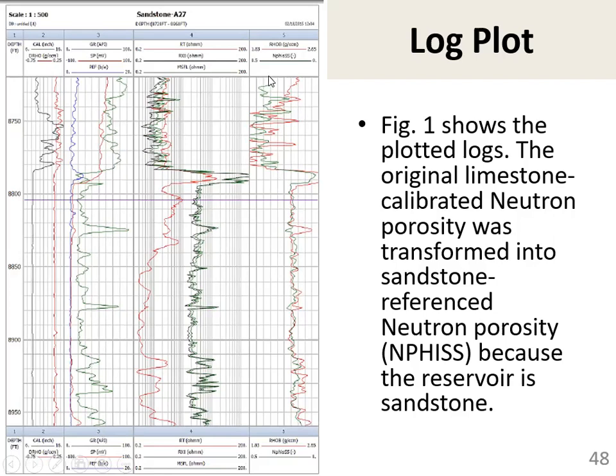Now, unlike what was presented in the earlier video, the neutron porosity here is from 0 to 0.5. That's strange. It's usually from 0 to 0.6, and this is from 1.83 to 2.65. The typical thing is from 1.65 to 2.65. So this is just important to take note of the header information.